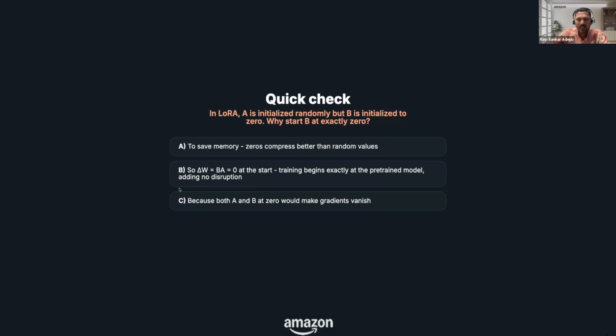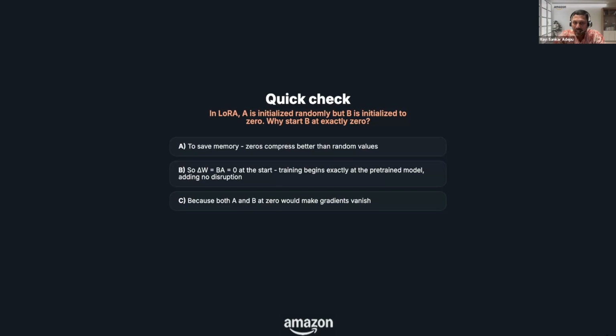The answer is B. If B is 0, then B times A is 0. So the update delta W is 0 at the start. That means the training begins exactly at the pre-trained model. The adapter adds nothing at first, so you don't disrupt a model that already works. You gently learn away from that good starting point.